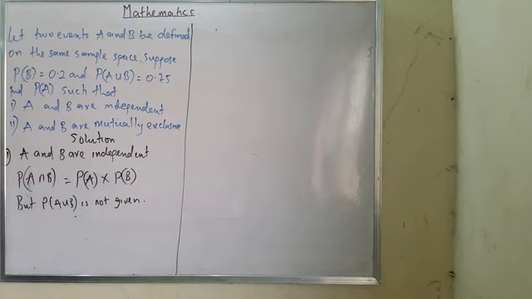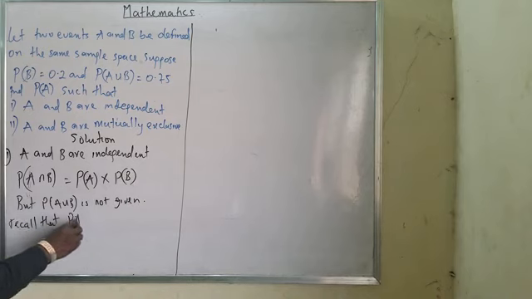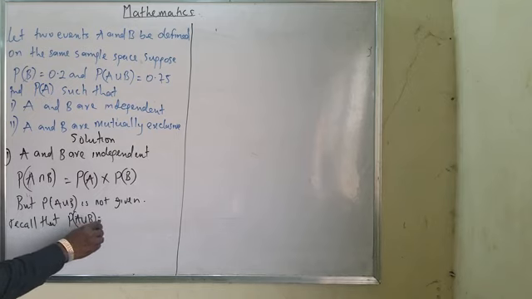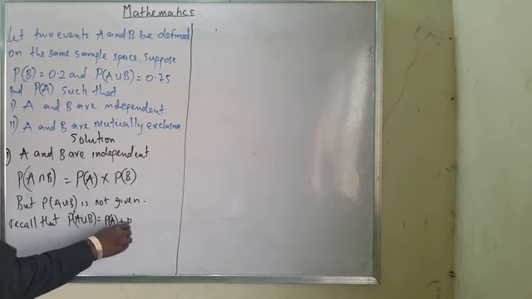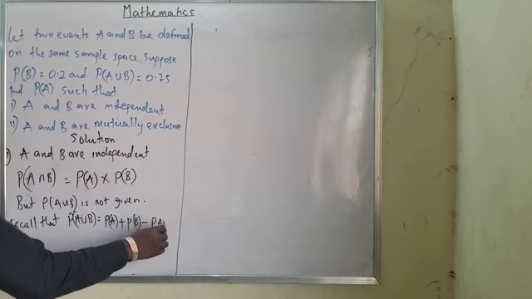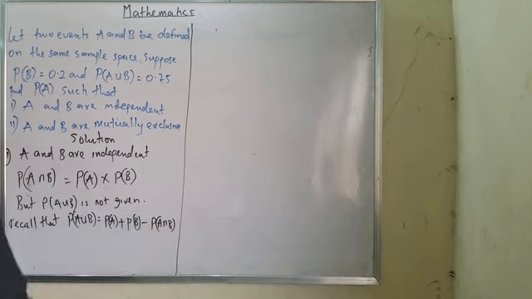Now, recall that the probability of A union B equals the probability of A plus the probability of B minus the probability of A intersection B. Can you remember that very well?